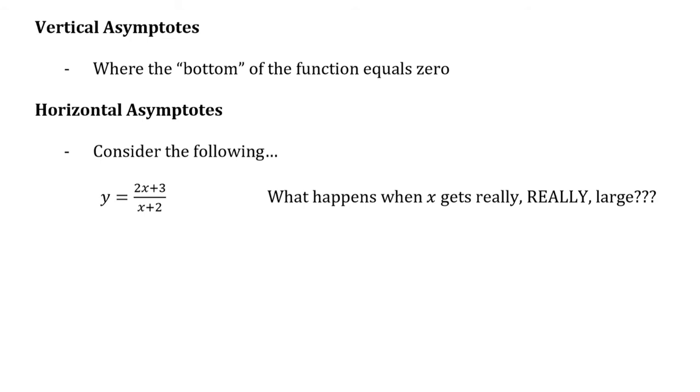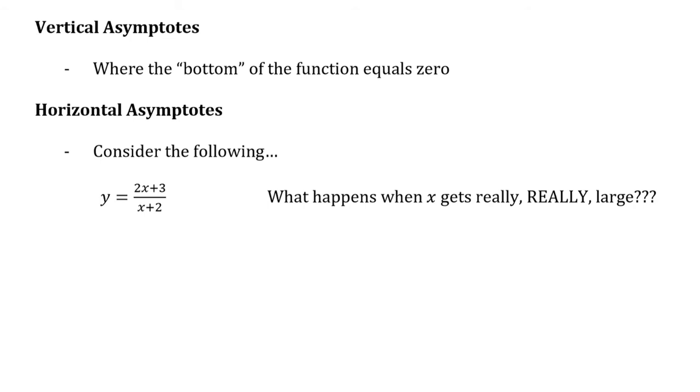Now, horizontal asymptotes are a little bit trickier. Finding them is actually quite easy, and I could just tell you how to find them. But I think it'd be more fun if we explored it together a little bit to see if we can figure out what's happening. And we're going to use a couple of little math techniques that are useful to know, especially one that you've probably never seen before.